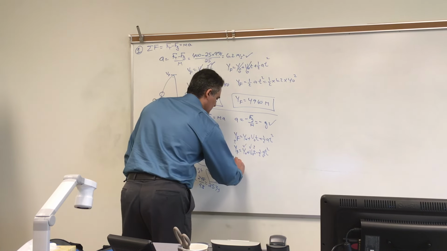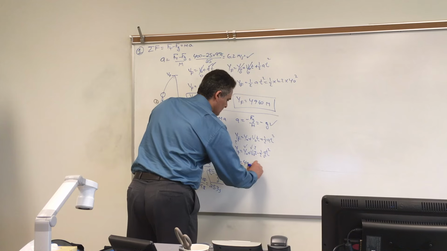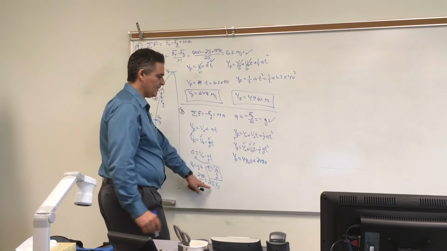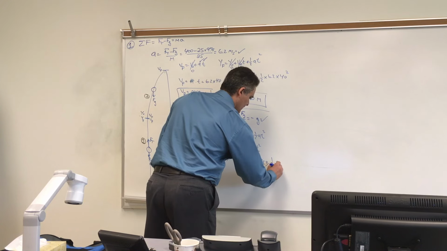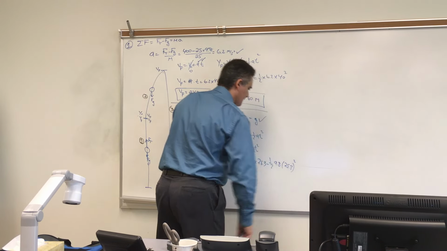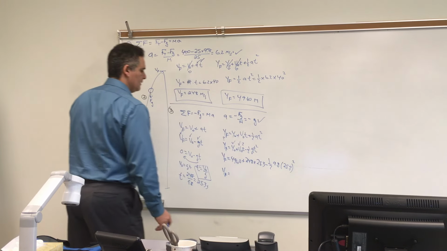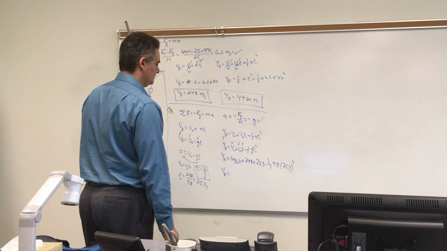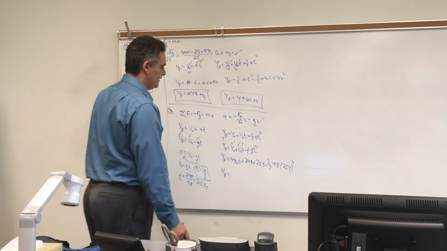So Y final equals, this is Y0 now, which is 4960, plus V0, which is 248, times 25.3 seconds, minus 1/2 g, which is 9.8, times the time squared, which is 25.3 squared. At the end of the day, this is just the difference of this half, so if you have that on the calculator, you can just do that.